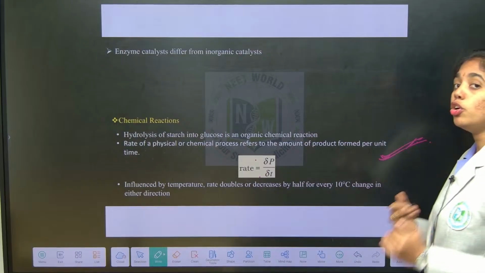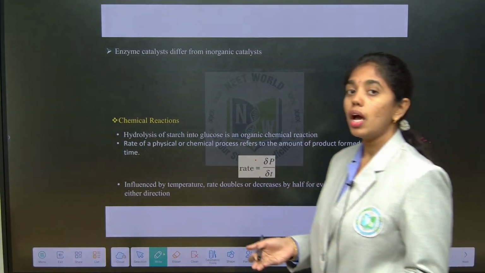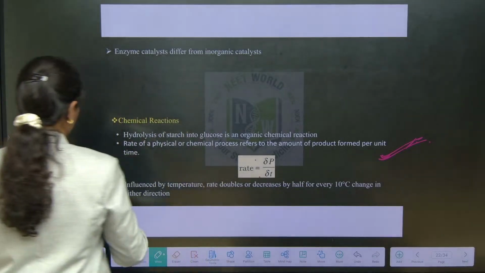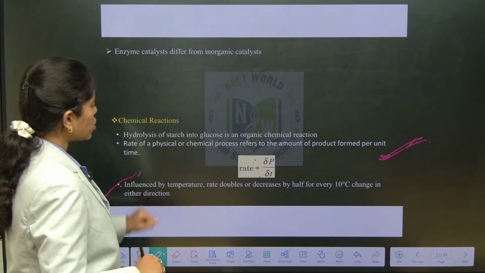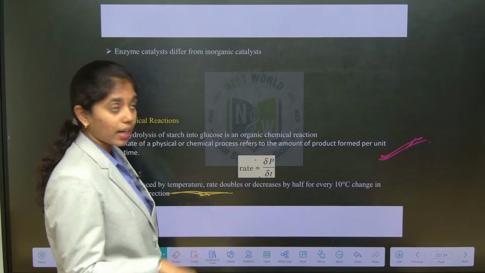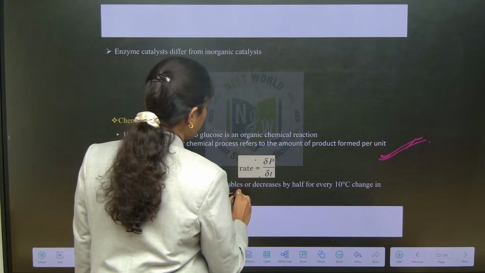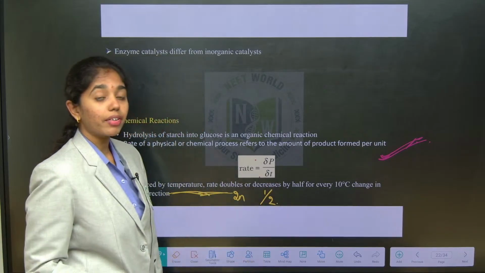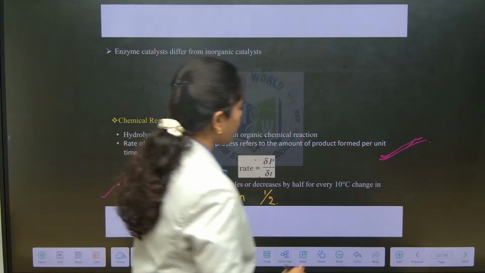And there is a huge influence of factors like temperature and pH on a chemical reaction. If you see, a chemical reaction is influenced by temperature, and the rate will double or decrease by half for every 10 degrees Celsius rise or fall.